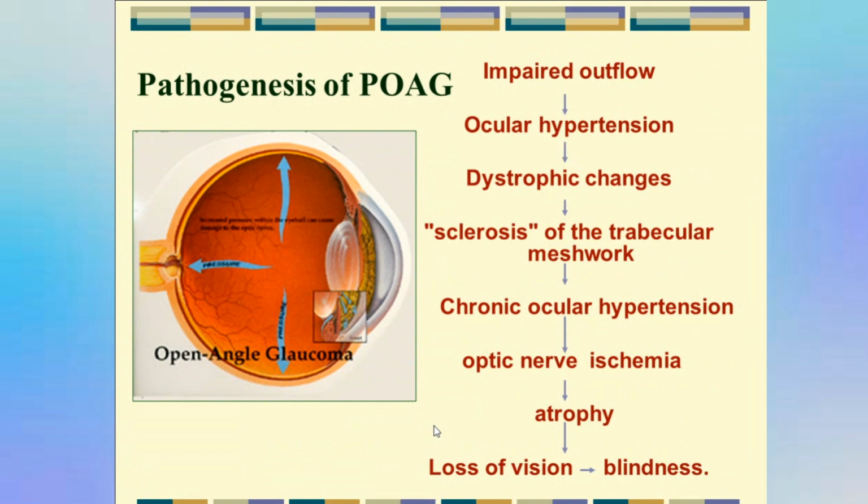Impaired outflow is a cause of ocular hypertension. Then we can see dystrophic changes: again, deeper sclerosis of the trabecular meshwork, chronic ocular hypertension, optic nerve ischemia, then atrophy of the optic nerve, loss of vision, and blindness.